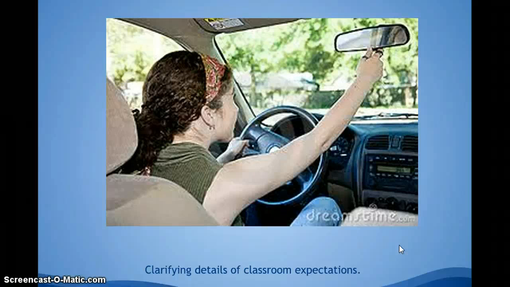Back to our analogy of the car, this woman is adjusting her mirror, preparing to drive the speed limit, and in preparation for her ultimate goal of being a courteous driver. So you can think of routines and procedures as those things you do that are going to help you keep the rules, and they're going to help you have success in your classroom.